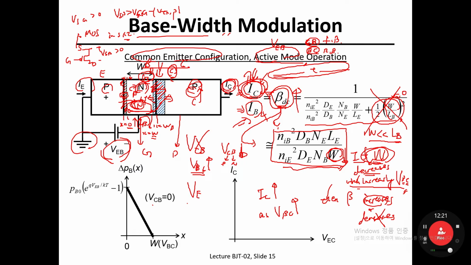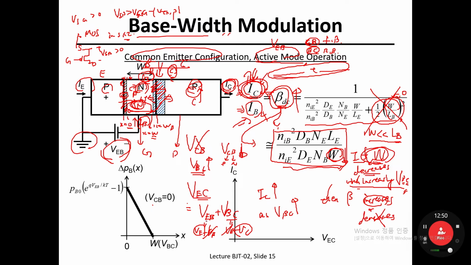If we think about the emitter to collector voltage, it can be rewritten as a summation of V sub EB plus V sub BC. That is VE minus VB, plus VB minus VC. So VB cancels out, and in the end we have VE minus VC, which is denoted as V sub EC.